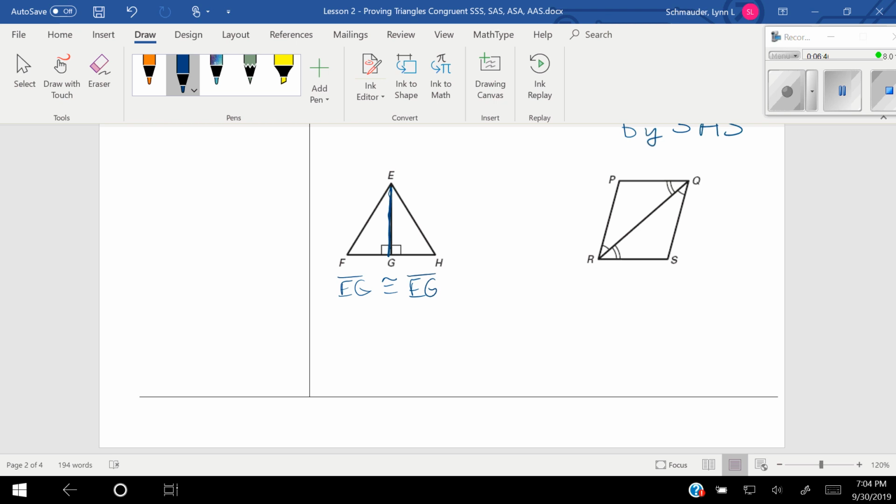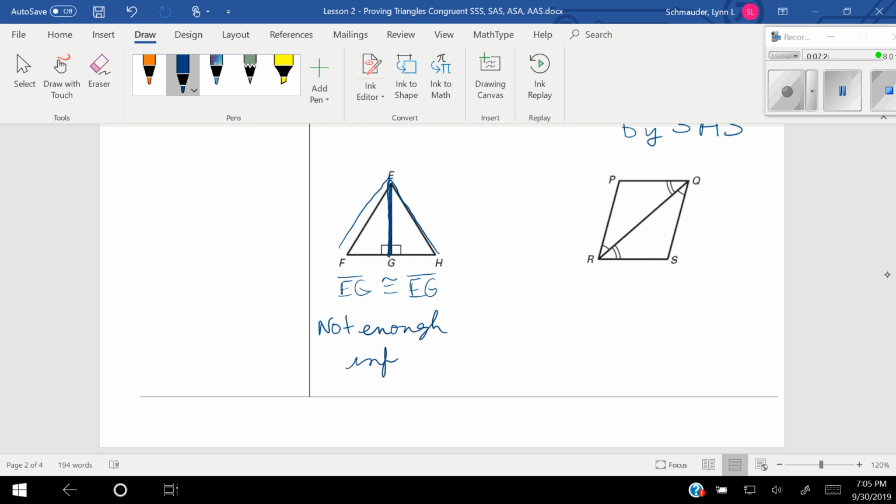I just have a side and one pair of angles. I don't know that angle F is congruent to angle H. If I knew that, then that would be angle-angle-side. If I knew that angle FEG was congruent to angle HEG, that would be enough, but I don't know any of that, so I can't say that these two are congruent. So I'm just going to say not enough info.